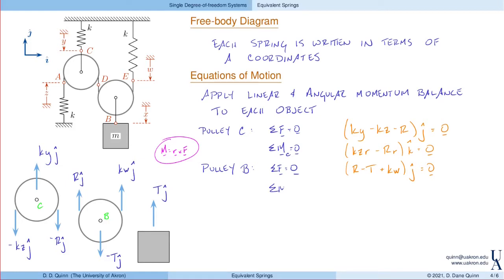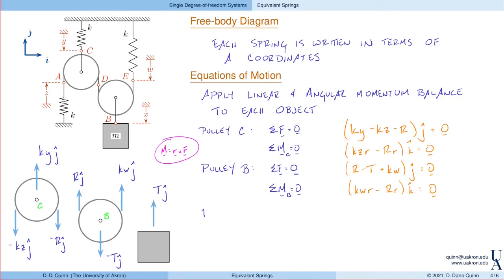Again, the moments have to vanish. Here, the moment is k times w times r, that's the moment from this force, minus capital R times r, radius, in the k direction equals 0.